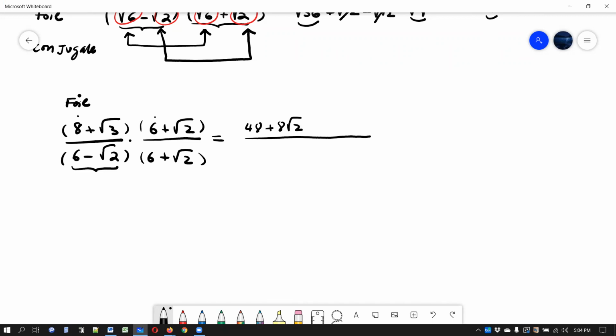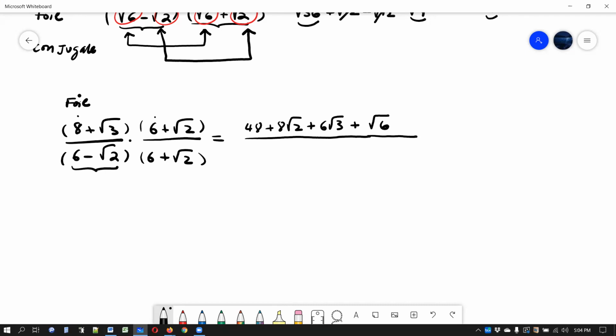Radical 3 times 6, 6 radical 3, plus radical 3 times radical 2, radical 6. And remember, things inside of the radical multiply each other. Things outside of the radical multiply each other.